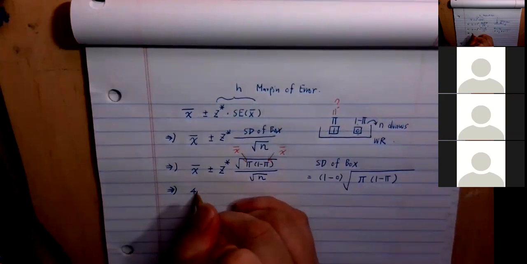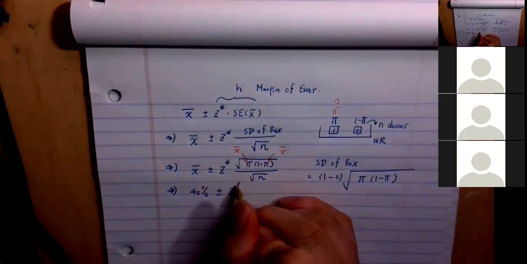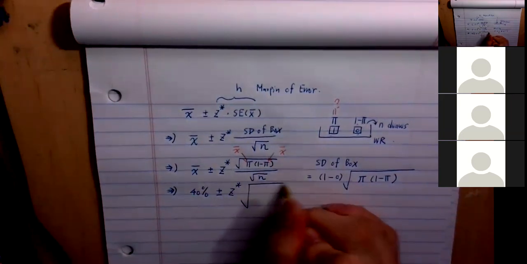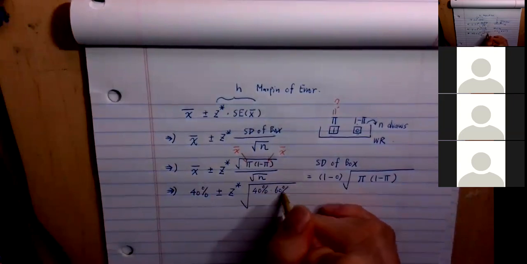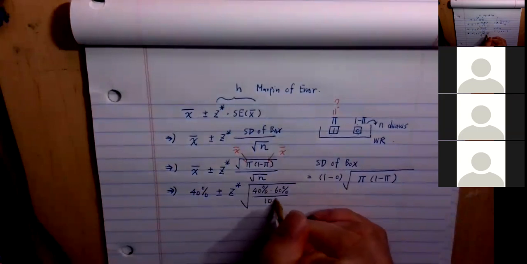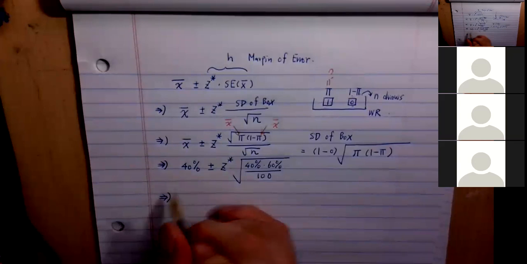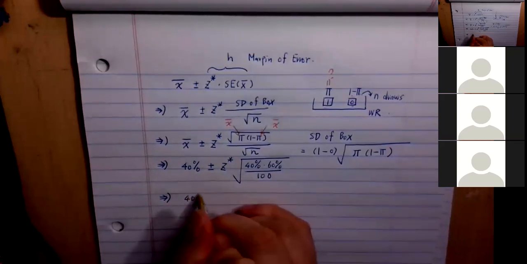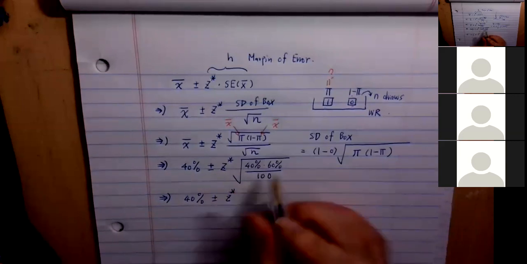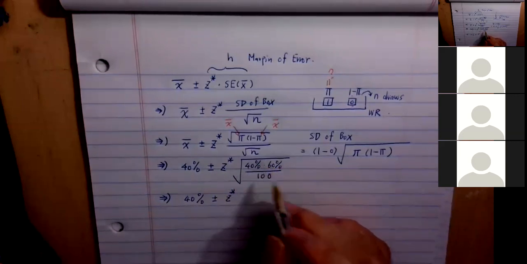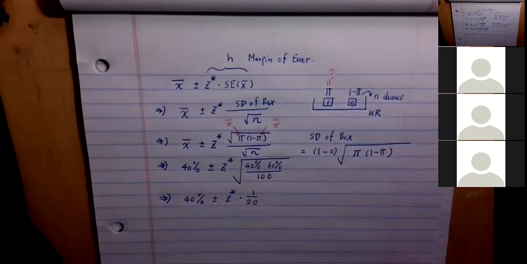So this becomes 40% plus or minus z star times the square root of 40% times 60% divided by 100. After simplification, this is 40% plus or minus z star times a number very close to 1 over 20, which is 5%.